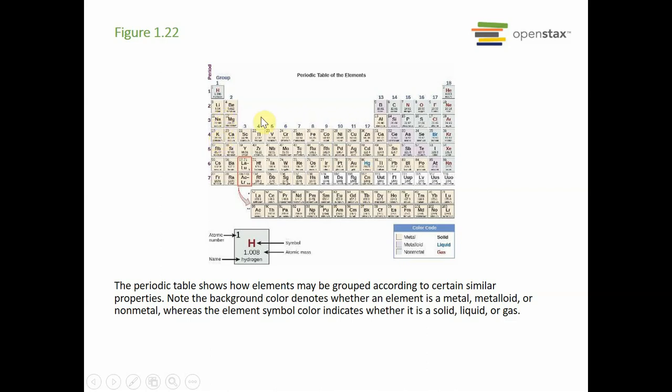Especially sodium and potassium are very similar metals in that they're soft, they react with water very strongly, they form ions that have only one charge. Magnesium and calcium are very similar. They're very soft metals, and they produce ions that have a charge of positive 2, for example.